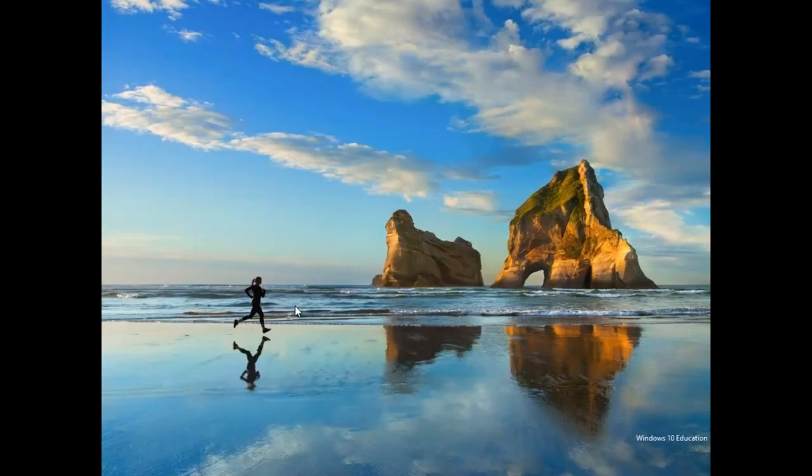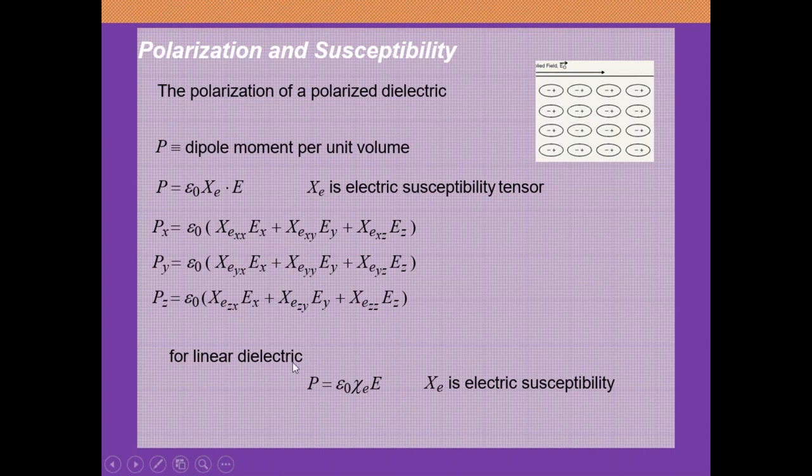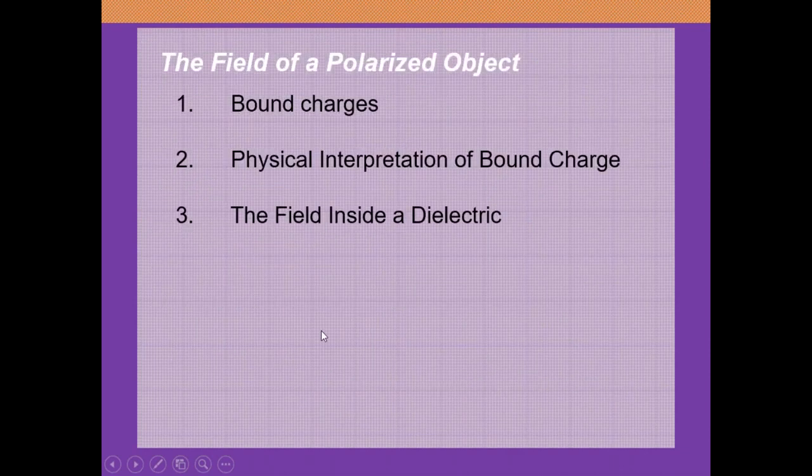For a linear dielectric, we use this same relation, where chi_e is the susceptibility. Next, the field of polarized objects.